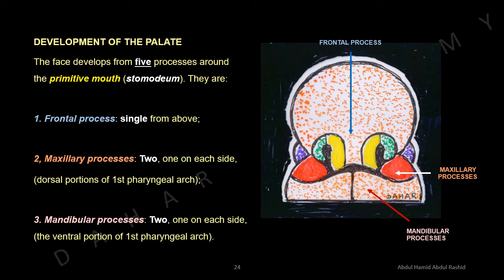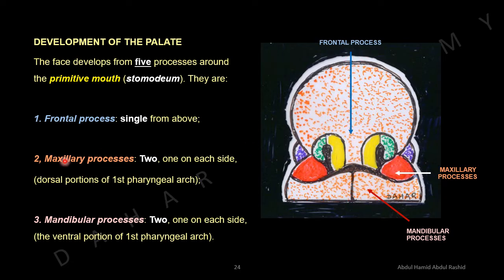Development of the palate. The face develops from 5 processes around the primitive mouth, the stomodium. This is the face. This is the primitive mouth, the stomodium. These processes are: number 1, the frontal process, a single process coming down from above.